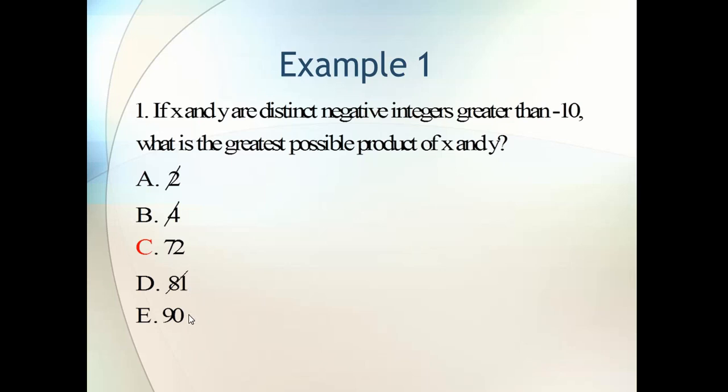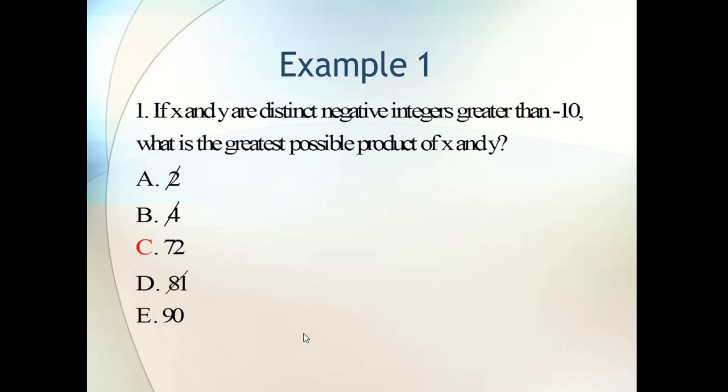What about E, 90? Well, the only way you can get 90 is like 9 times 10, or negative 9 times negative 10, right? Well, what about 2 times 45? That's 90 also, or negative 2 times negative 45, that's correct, but what does the problem state up here? That x and y should be distinct negative integers greater than negative 10.